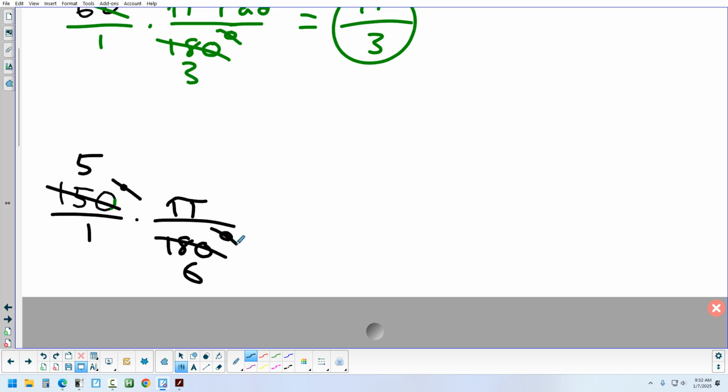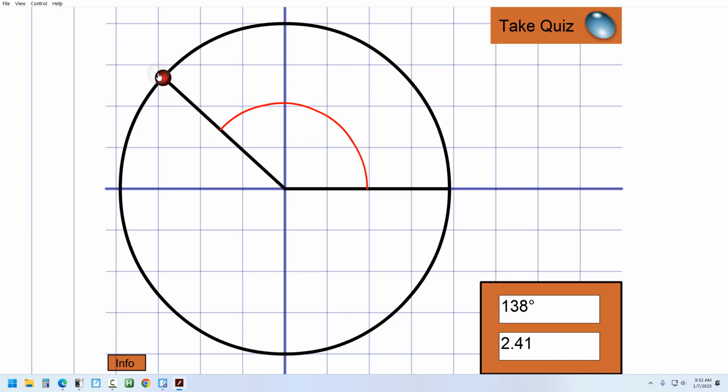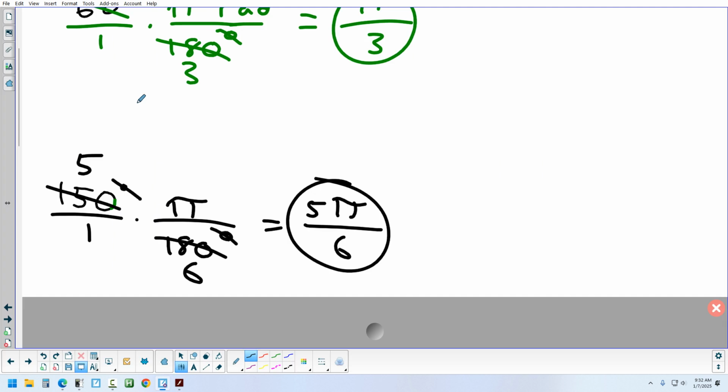Degrees cancels. 5 times pi in the top. And what are you left with in the bottom? 6. And that's your final answer. So let's check 150 degrees and see if it says 5 pi over 6. There you go. 150 degrees is 5 pi over 6. Okay. Any question on that one?